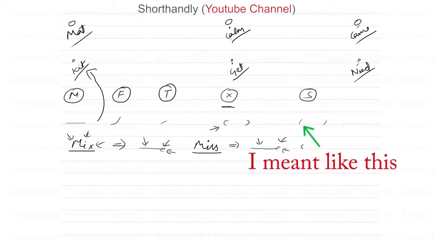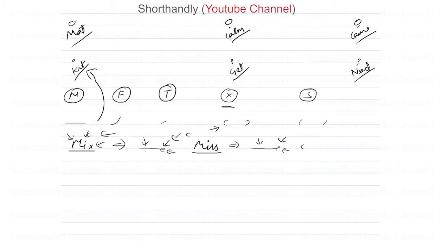But because we wanted to make the word mix, we used the slant S like this. So this is our X character.